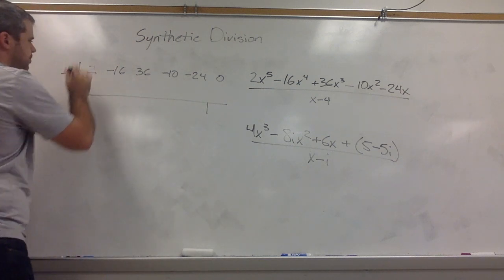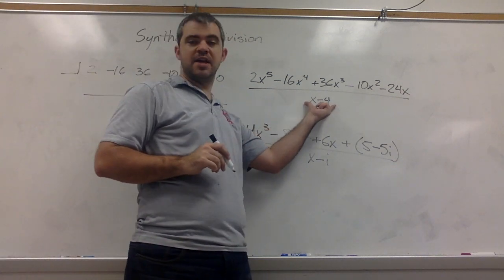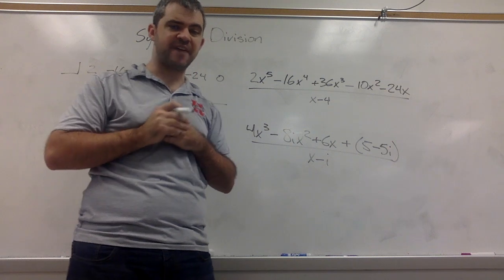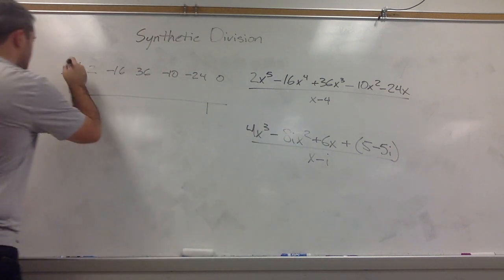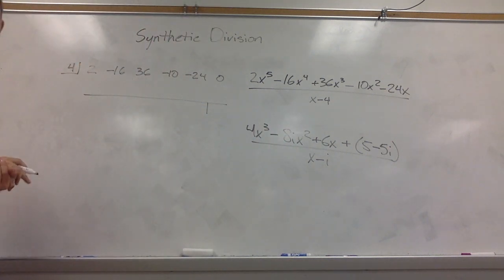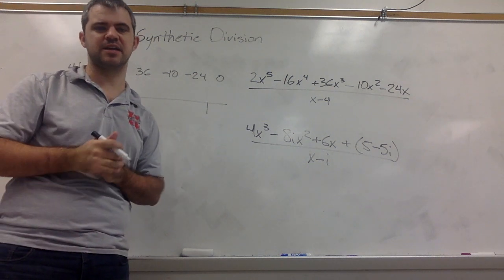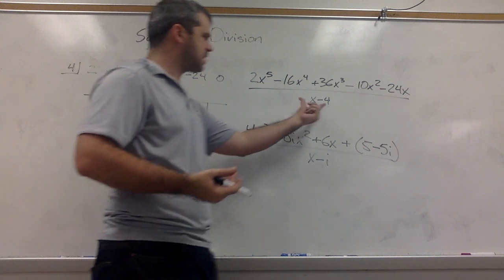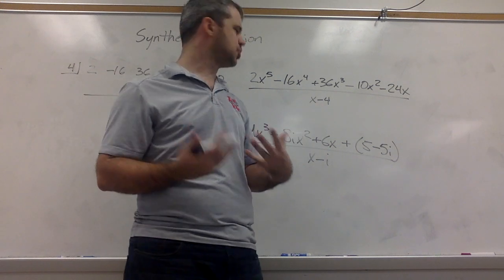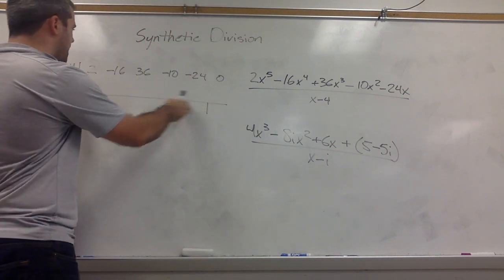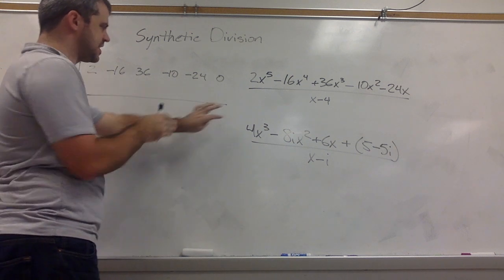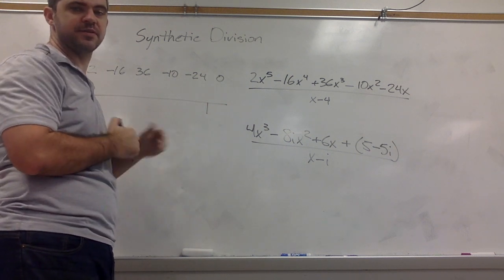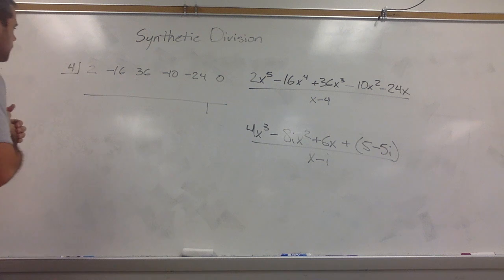And we're going to divide by this root here. Now, if x minus 4 is my factor, then my root would be positive 4. So don't forget to switch that sign. That does make a difference. And after I divide by x minus 4, I should have 1 degree less, which is why I've got this extra space right here. This extra space is going to be my remainder.